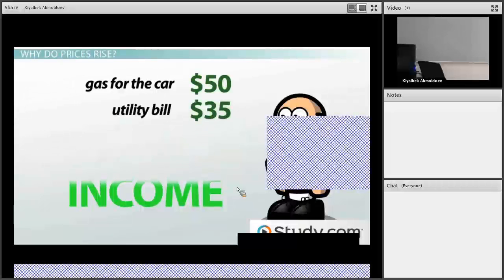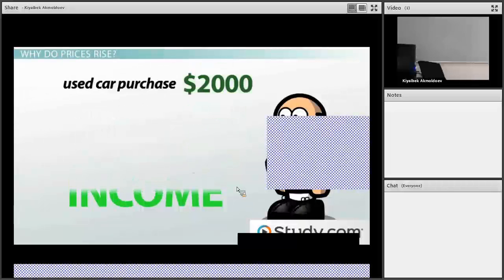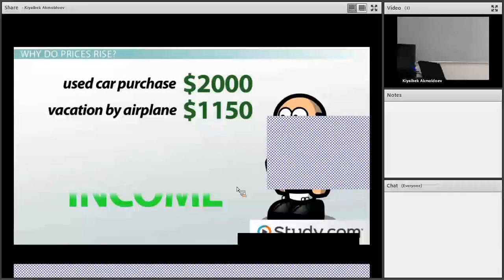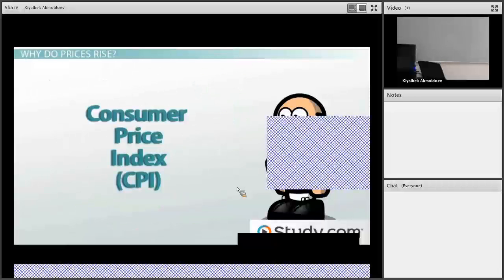But he also buys gas for his car, pays a utility bill, makes a monthly payment for shelter throughout the year. And this year, Dave buys a used car, takes a vacation by airplane, and also goes to the doctor. And all of these expenses are incorporated into the consumer price index each year and measured across the entire economy.